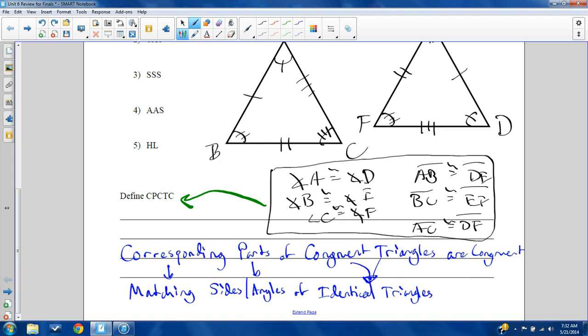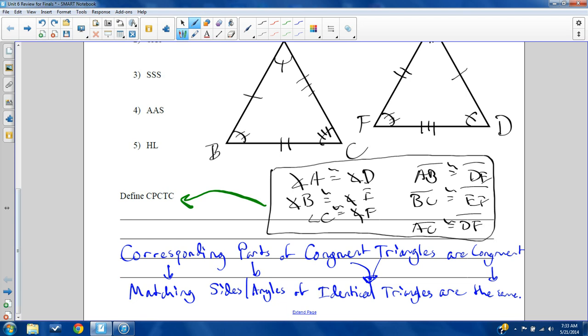Are congruent. I want to put are, instead of congruent, I want to use words you'll use, the same. So even though this sentence might not make sense, corresponding parts of congruent triangles are congruent, how about this? Matching sides of identical triangles are the same. Matching angles of identical triangles are the same.